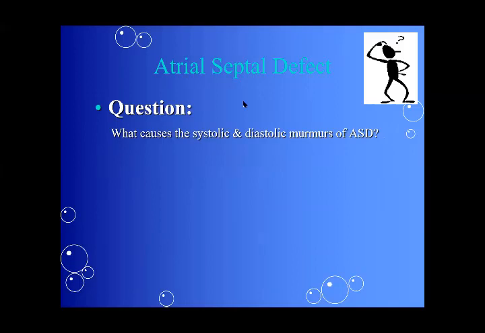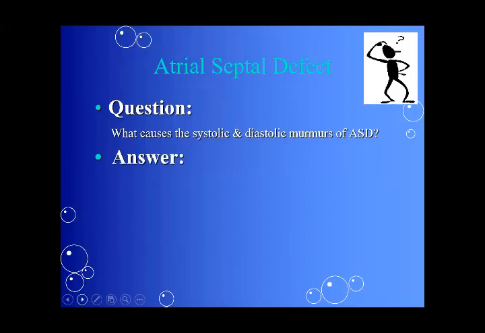Why do you have the early systolic murmur in atrial septal defect?